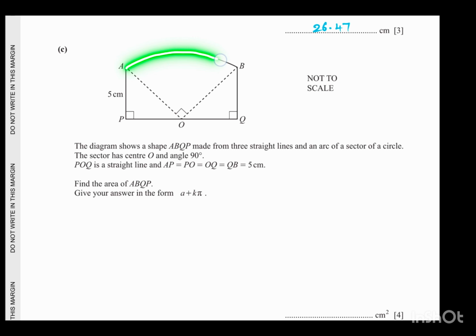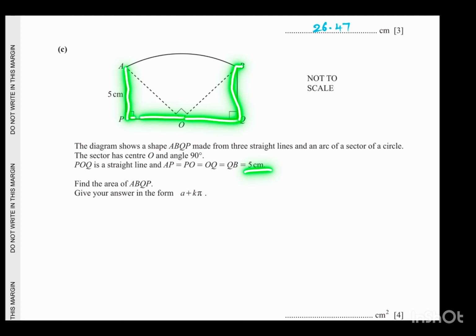So there is an arc here, AB is the arc, and it's a sector of the circle with center O and angle 90 degrees. So this is 90 degrees. POQ is a straight line. And AP is equal to PO is equal to OQ is equal to QB is 5 centimeters. Find the area of ABQP.